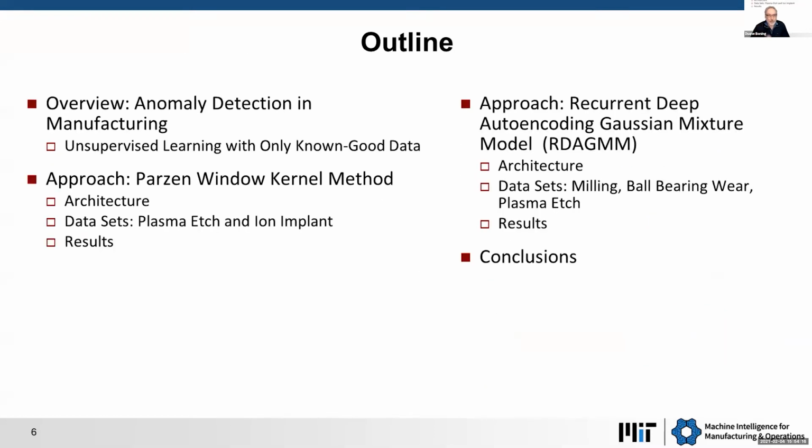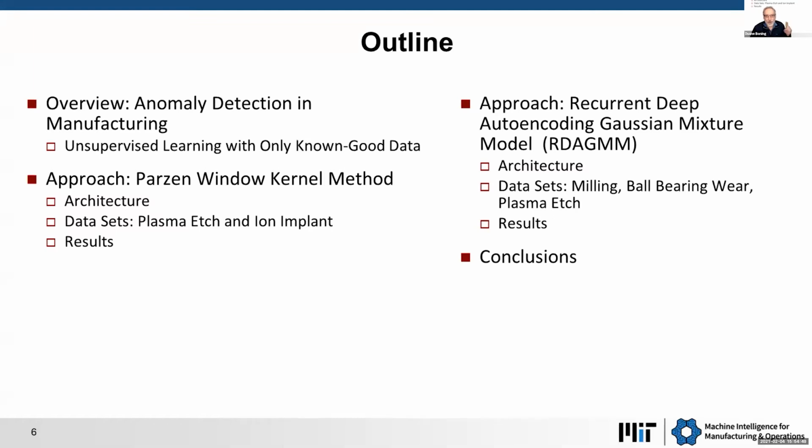So with that as the overview or the context, unsupervised learning with only known good data, or at least that as a starting point, I'm going to try to do a little bit of a deeper dive on a couple of methods. One is a relatively simple approach, a Parzen window kernel method, a density estimation method. And I'll talk through a little bit the architecture, show application of this on a couple of data sets and some results.